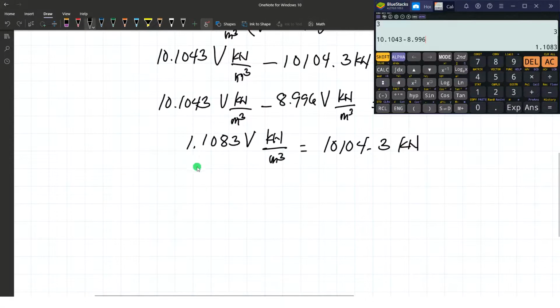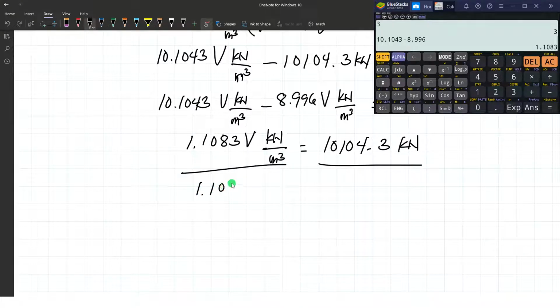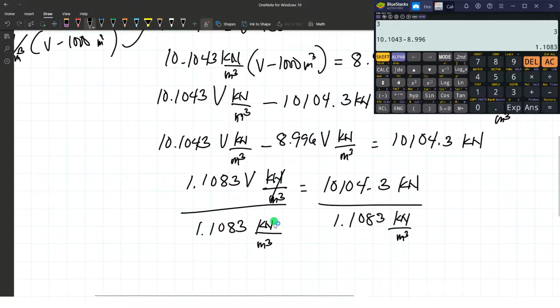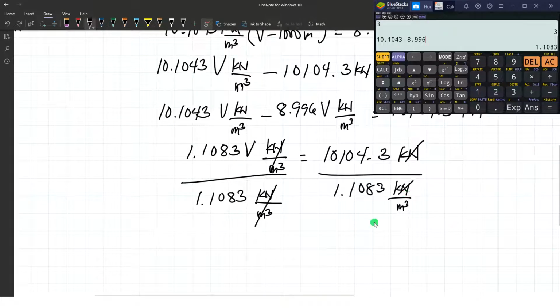So dividing both sides by 1.1083 kilonewtons per cubic meter, what unit remains is cubic meter. So the volume is equal to 10104.3 over 1.1083.